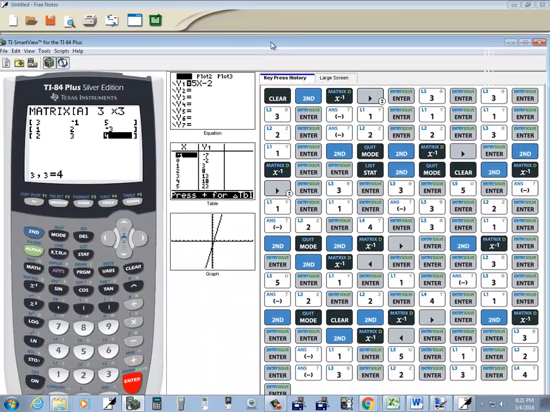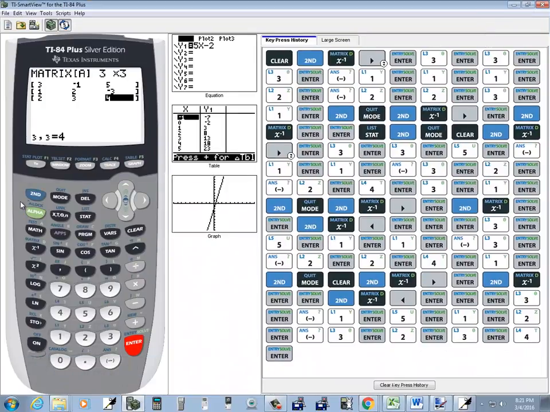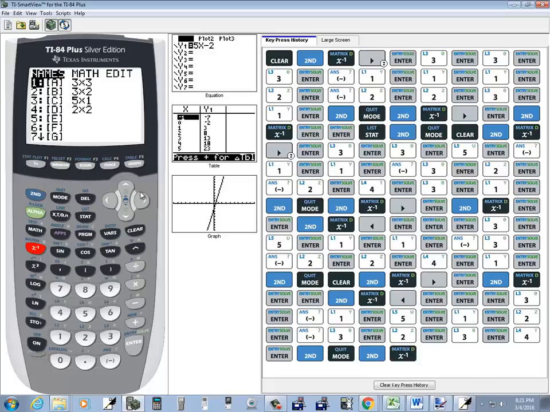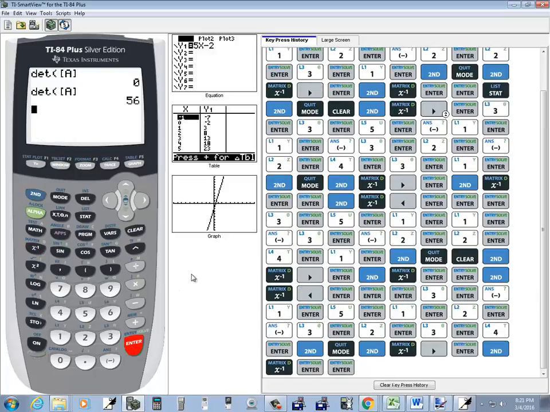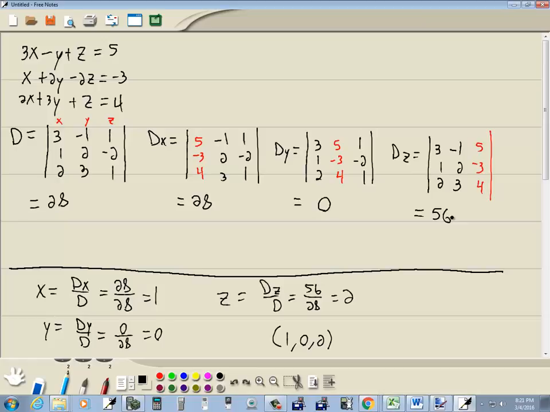Okay, that looks right. So now if I exit out, second mode, go back in my matrix menu, go over to math, DET, go back in the matrix menu, do enter on A, enter again. We see we get our 56.